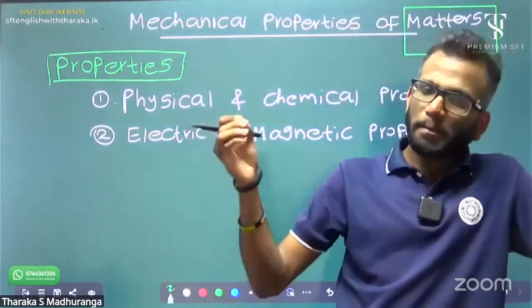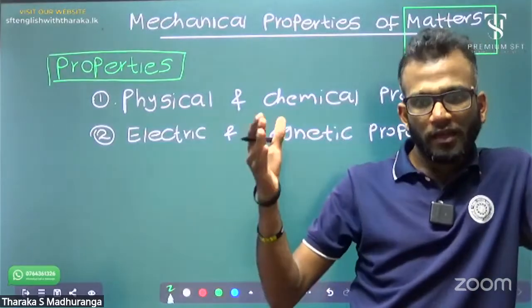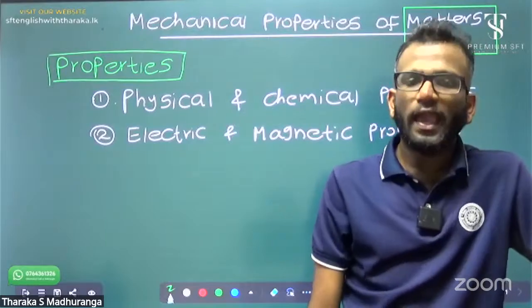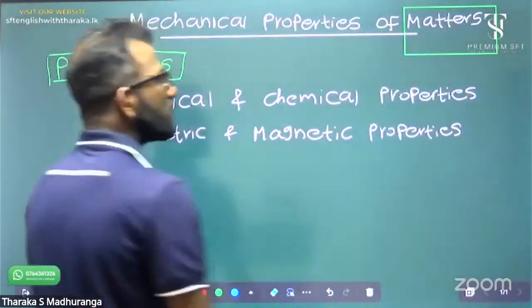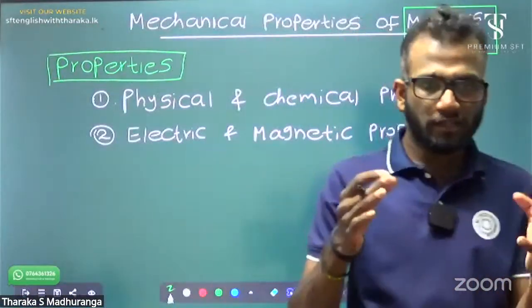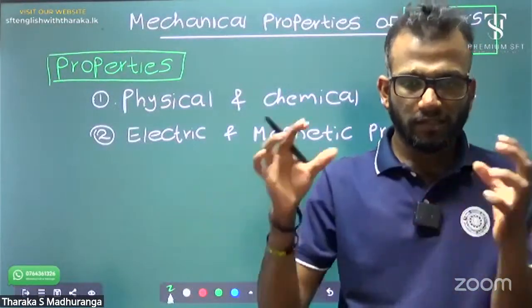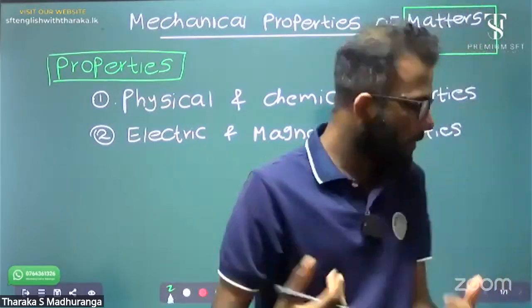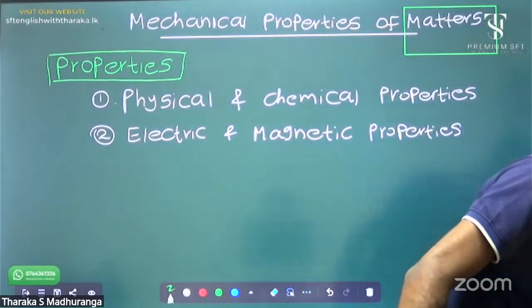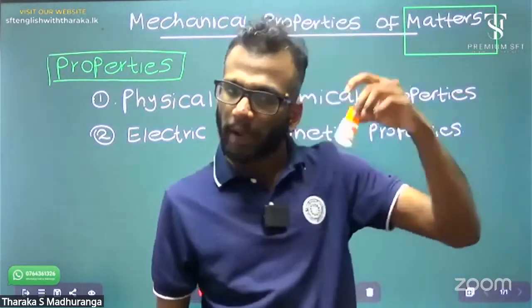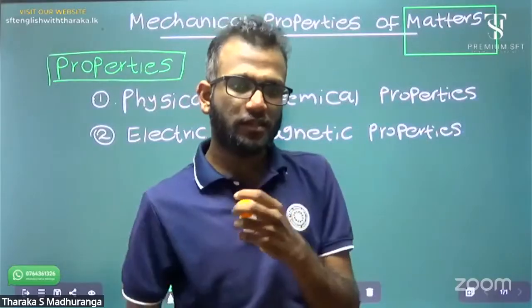Simply, matters are gas, solids and liquids. Normally there are three physical states of matter: solid, gas and liquid. If we take any object, this is a matter, a solid object.